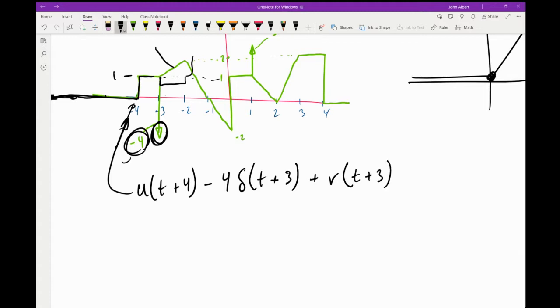Now, if I just leave it at this, it will continue forever like that. But what happened at the last one, at t equal to minus 2? Did I jump? No. There's no discontinuity, so I shouldn't add step functions. But the slope changed. What is the function that I should add here?